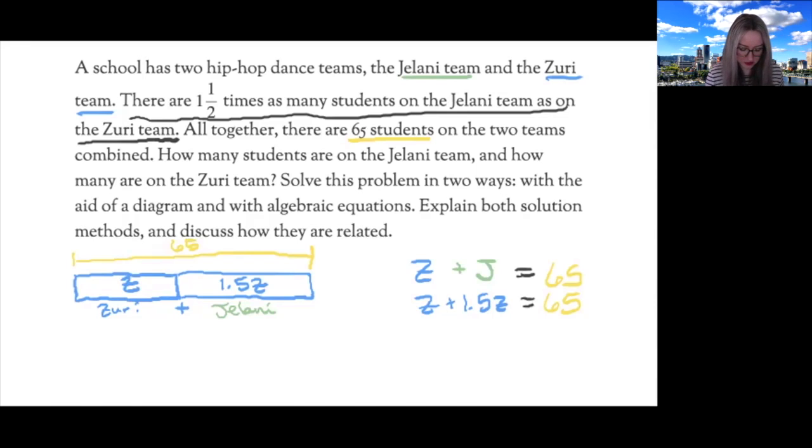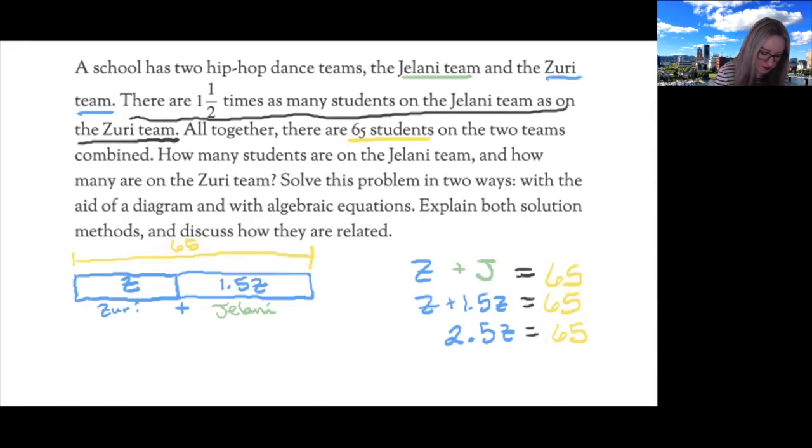And that is useful because now I only have one variable in my equation, and I think I can solve it. So altogether, we have 1Z plus another 1.5Z, so that's 2.5Z. We're still equal to 65 here. And now we know we want to think about dividing by 2.5.